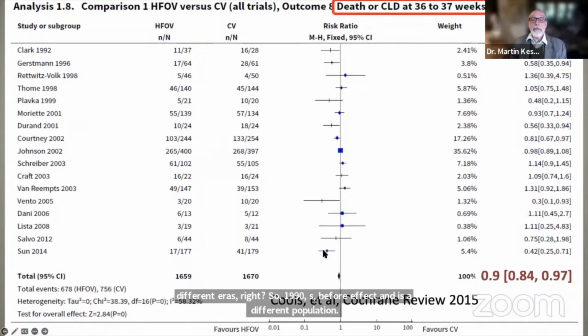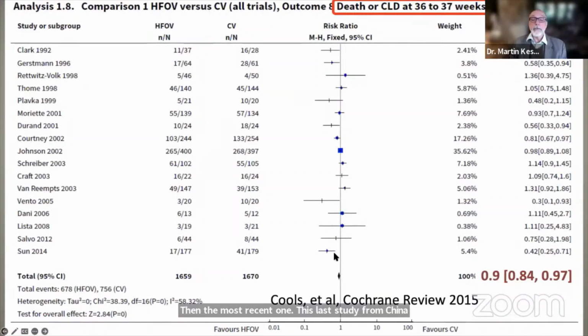This last study from China, which seemed to show an implausibly large reduction in death or BPD, was only published in a respiratory care journal, and I'm a little skeptical of the quality. That's another problem: you're equally weighing New England Journal of Medicine publications with large cohorts against a small study published in an obscure journal.